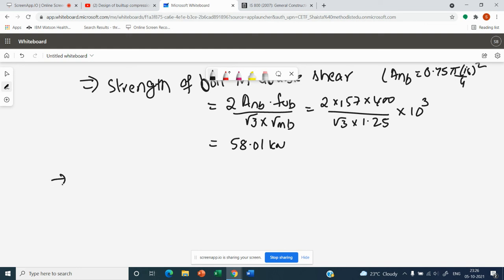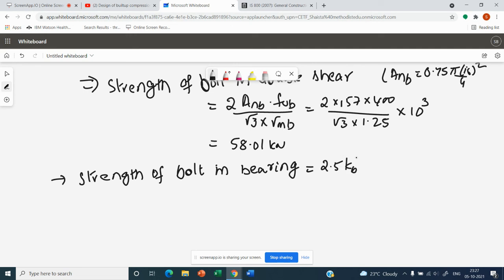Then strength of bolt in bearing. You have to find bolt value. So least of these will be the bolt value. Strength of bolt in bearing is given as 2.5 kb into d into t into fu by gamma mb.